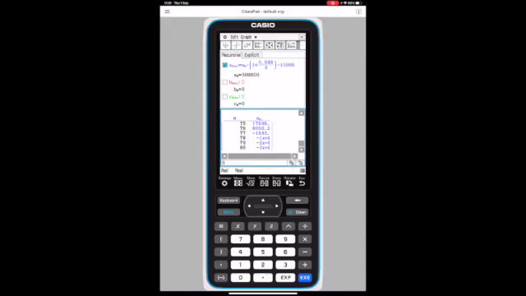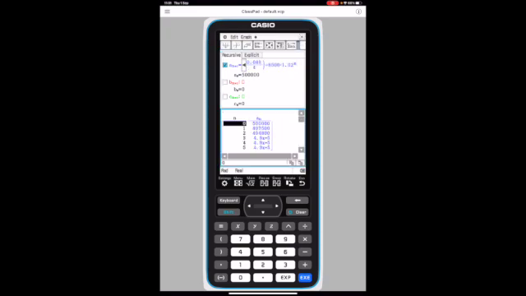Let's see what we can do. Part C, we're going to change it slightly. This time, same recursive relation, except we are going to change the last bit. Instead of 10,000, we are going to change it to 8500 times 1.02 to the power of n.